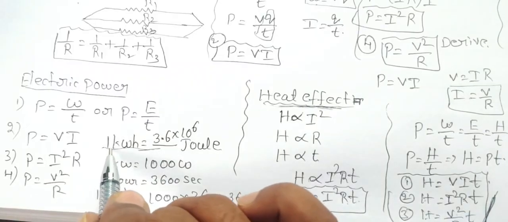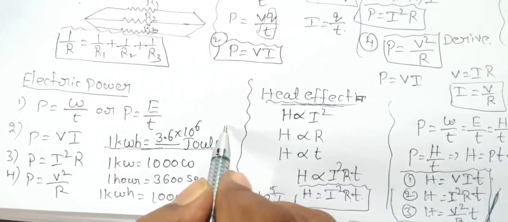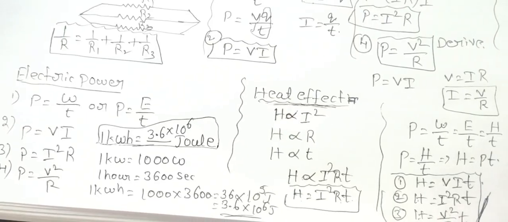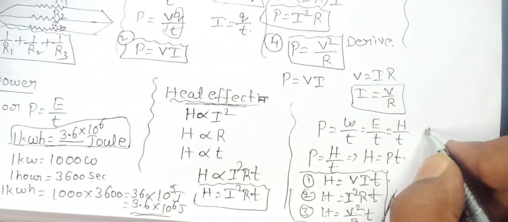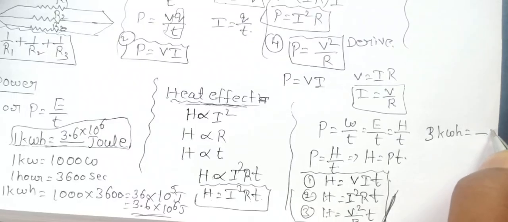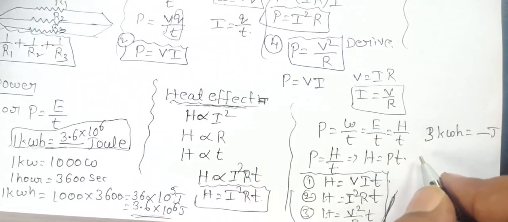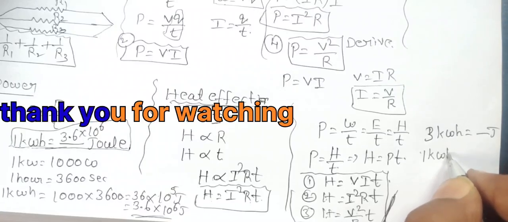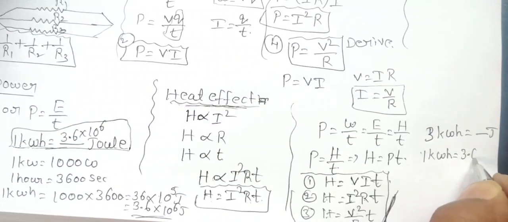Here mainly focus on this also: 1 kilowatt hour, how many joules. If they ask, for example, 3 kilowatt hours, how many joules? Then you just remember 1 kilowatt hour is 3.6 into 10 power 6 joules.